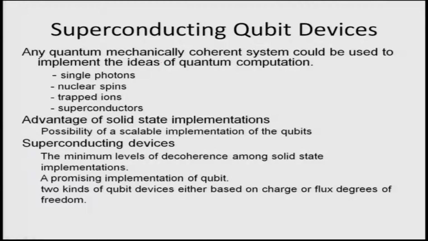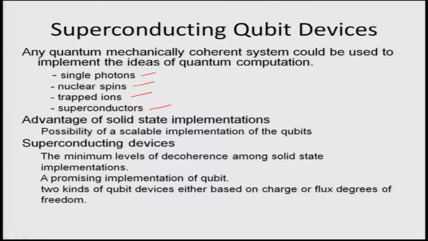In general, any quantum mechanically coherent system could be used to implement the ideas of quantum computing, as we have talked about, and we discussed single photons earlier, nuclear spins, NMR, trapped ions and atoms that we just discussed in the last lecture, and superconductors is the other kind which we will be looking at now.